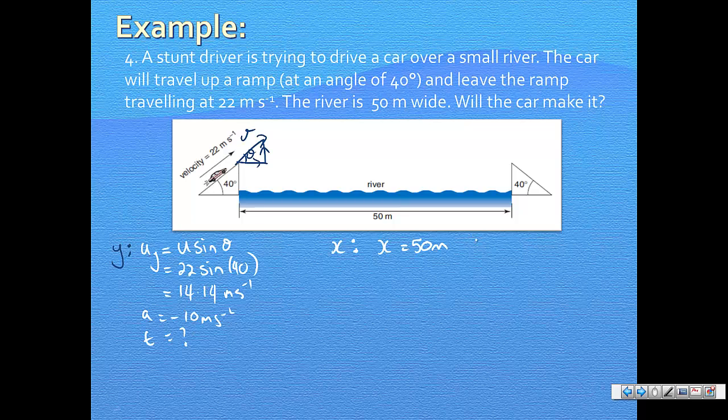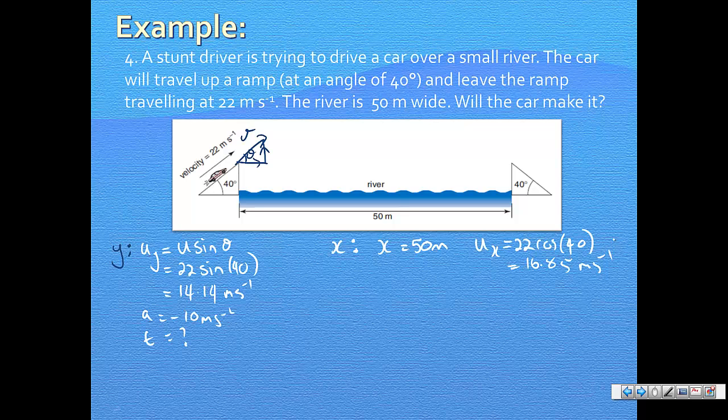I also know the horizontal speed, which isn't going to change, and that's going to be 22 cos of 40, and we might need that later on, so I'm going to work it out now. 16.85 metres per second.